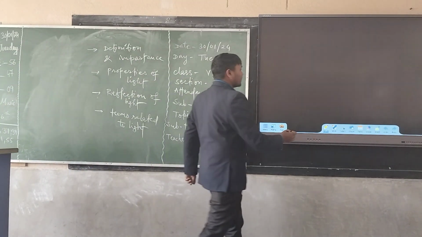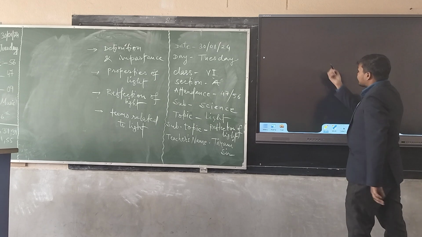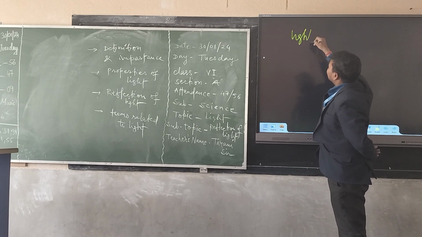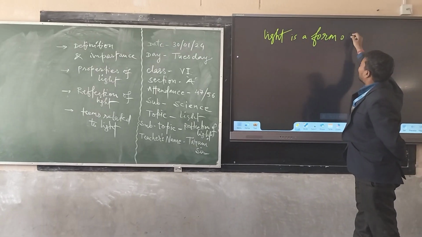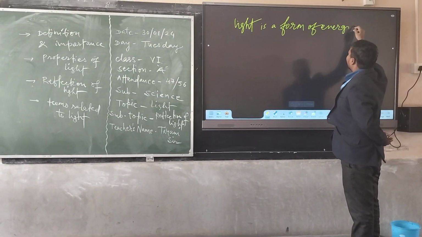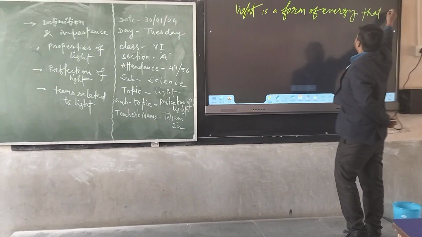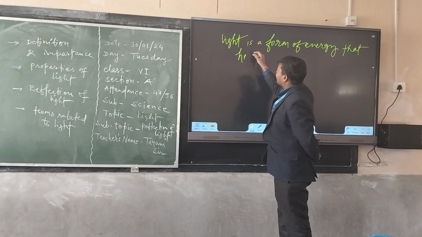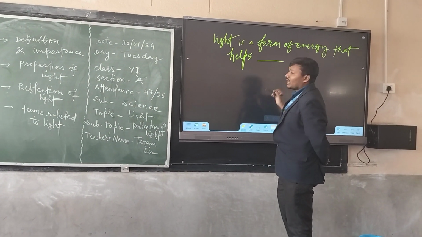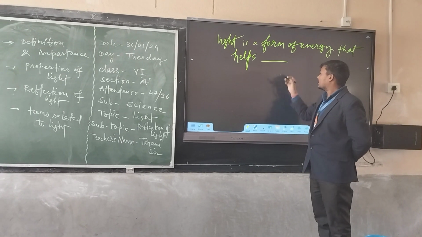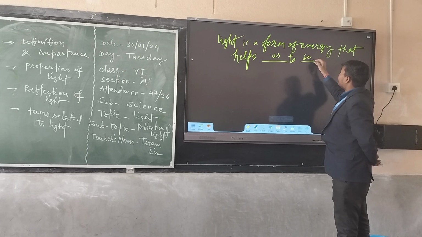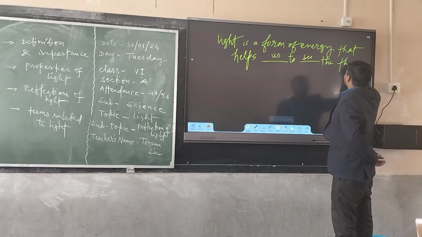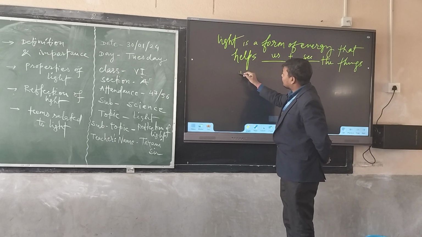So the very first thing we will write is, what is light? Light is a form of energy that helps us to see the things around us.